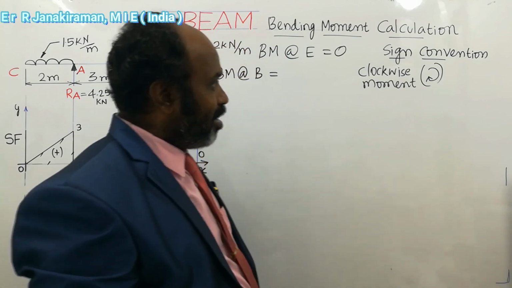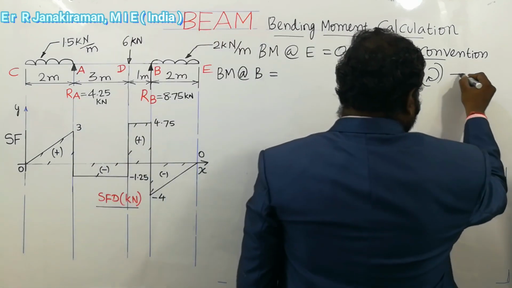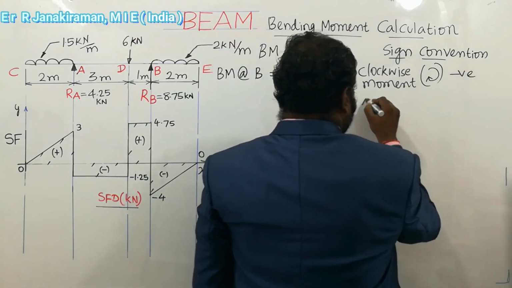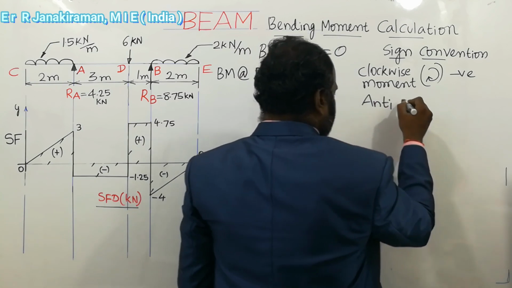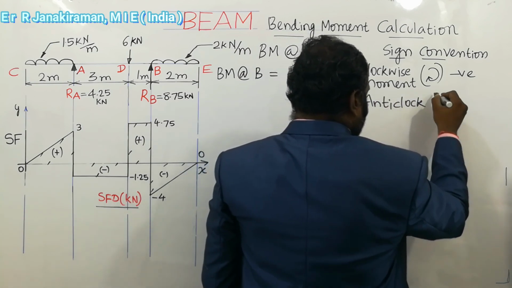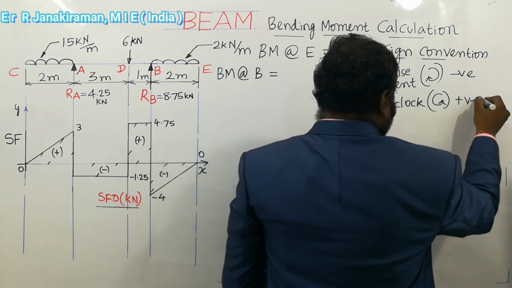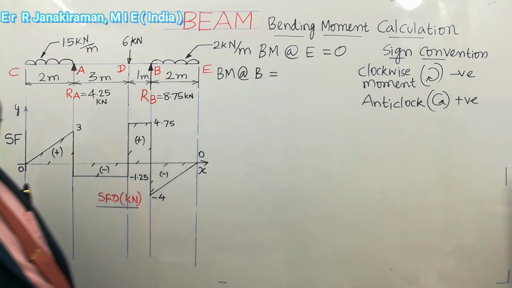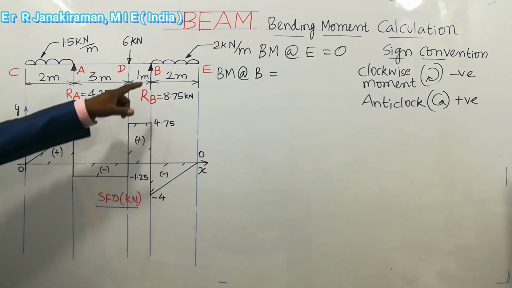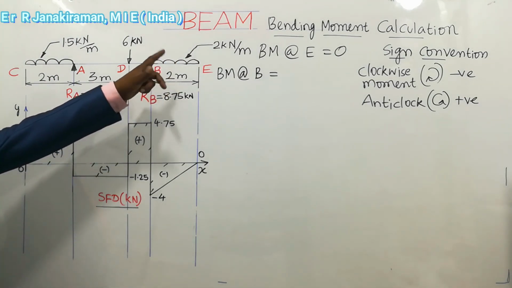Understand? So clockwise moment is considered as negative. That means anti-clockwise moment is considered as positive.